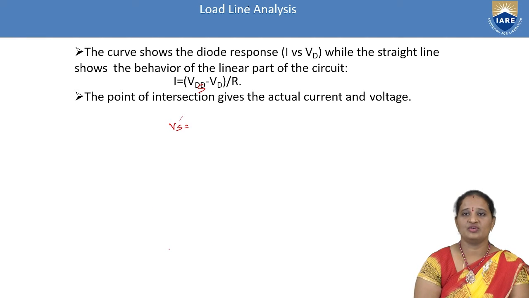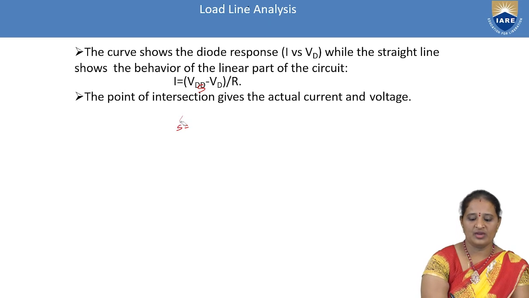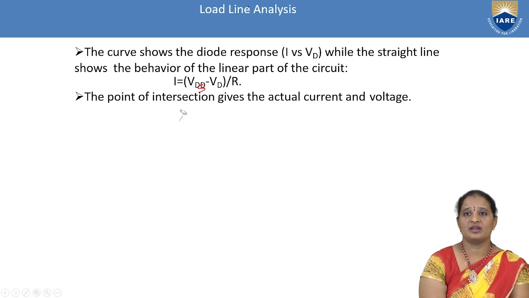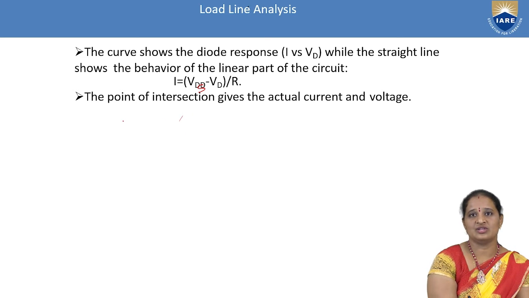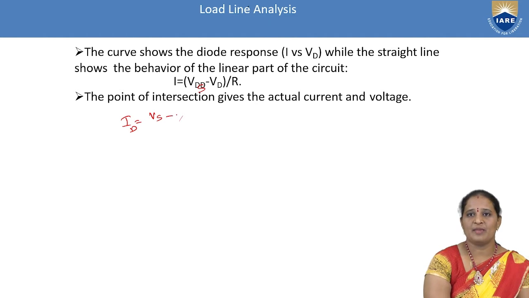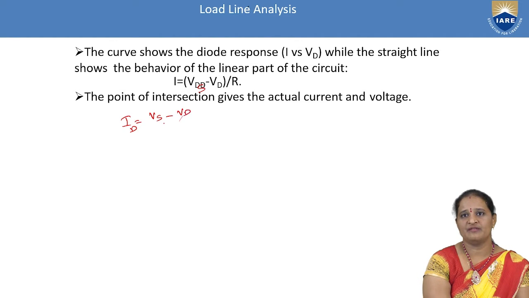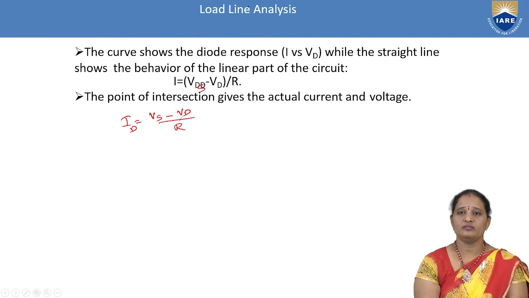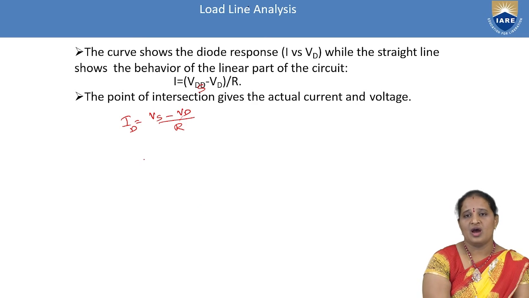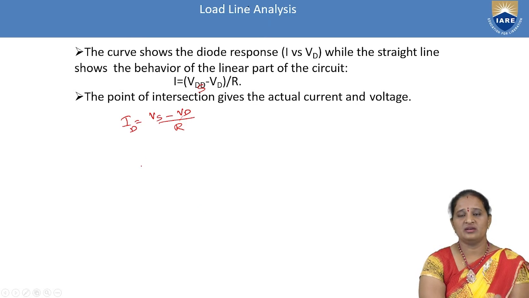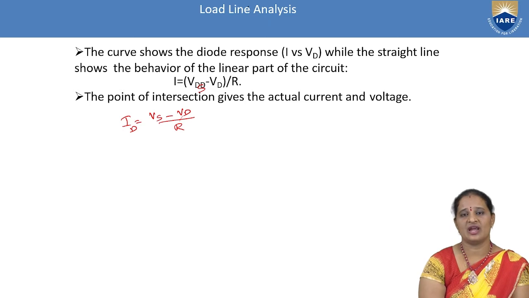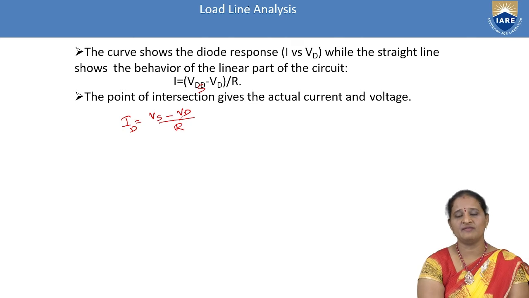From equation 1, we can obtain the current equation as I, or Id, equals Vs, which is the input voltage, minus Vd, divided by R. Now, I want to find the intersection points of the straight line, to be drawn on the characteristic curve, with the x-axis and y-axis.